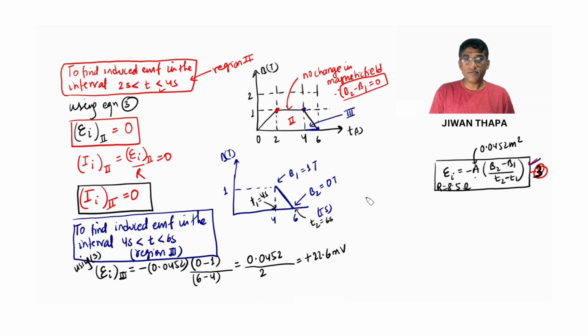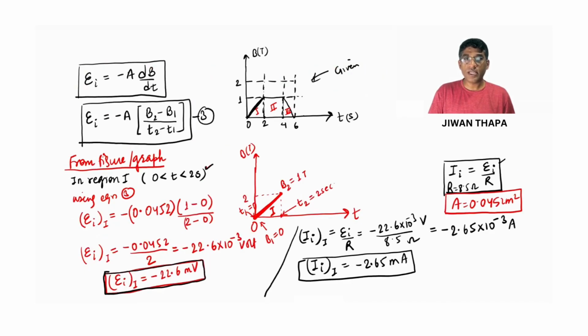Now let us find induced current for region third. So this equals 22.6 into 10 to the power minus 3 volt divided by resistance 8.5 ohm. So again, we get the same value in magnitude as in region 1, 2.65.